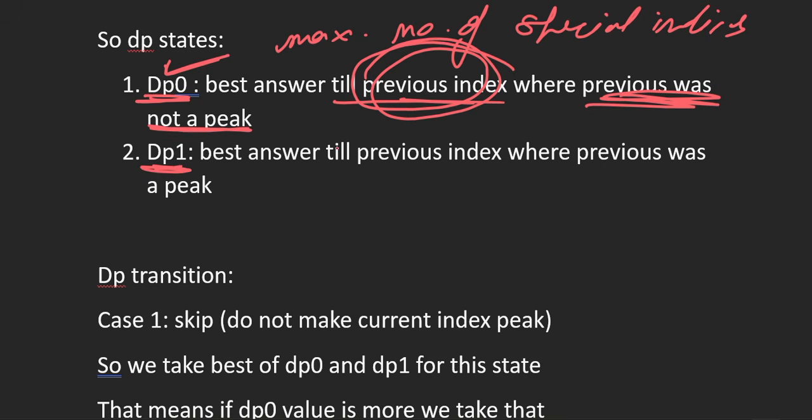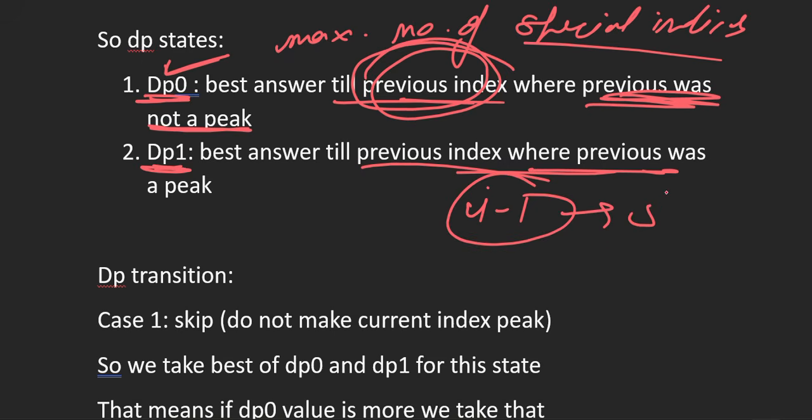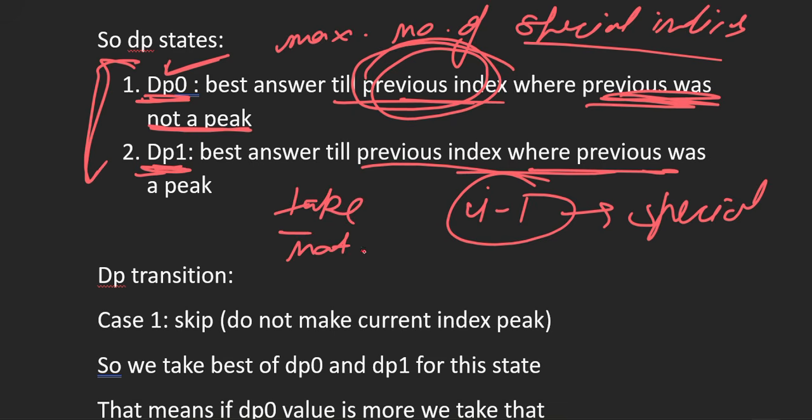And DP1 will tell us the maximum number of special indexes till the previous index where the previous index, that is i minus 1, is also a special index. So we have taken two variables, that is DP0 and DP1. It is almost similar to the house robber problem where we take two variables, take and no take. So here take is DP1 and no take is DP0, right?